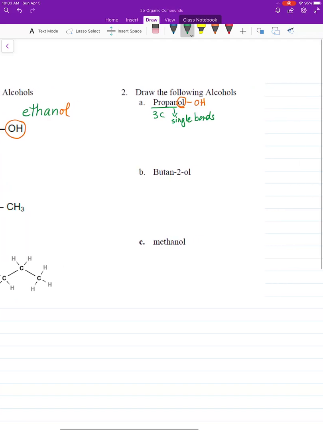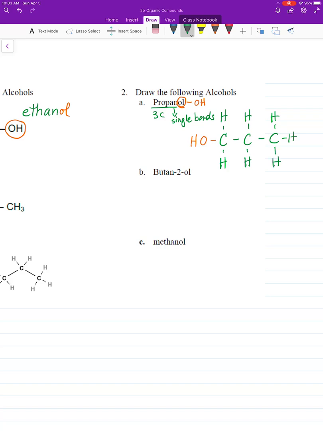Okay, so let's draw this out. So prop, 3 carbons, and all of them have single bonds between them. Then I'm going to choose one of my end carbons, so I'm going to put my hydroxyl group here. And then I'm going to draw in my hydrogens to make each carbon have 4 bonds. Okay. So remember, all carbons need 4 bonds.